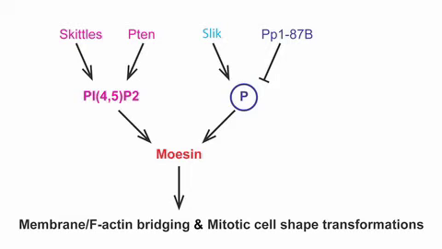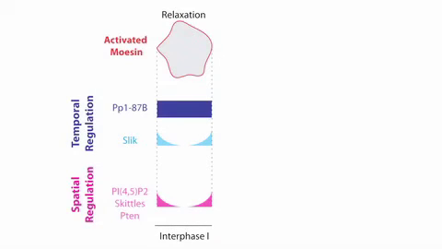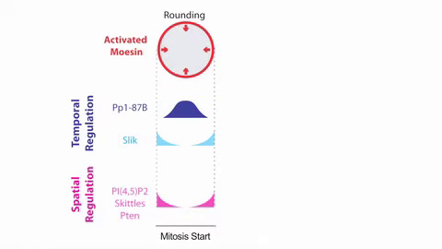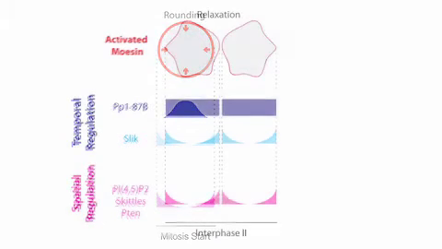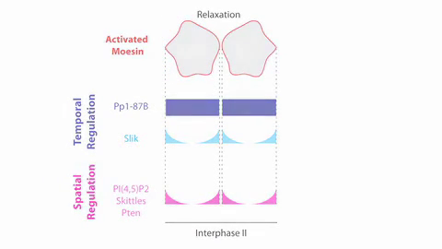So, there are at least 2 things that are important concerning Moesin activation and localization during cell division. The first one is that you need to turn on Moesin at pro-metaphase entry in order to have the rounding of the cell, and you need to turn off Moesin at mitosis exit in order for the cell to enter into interphase.